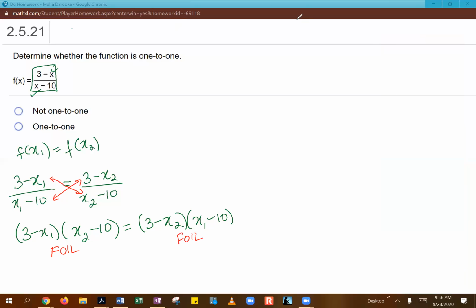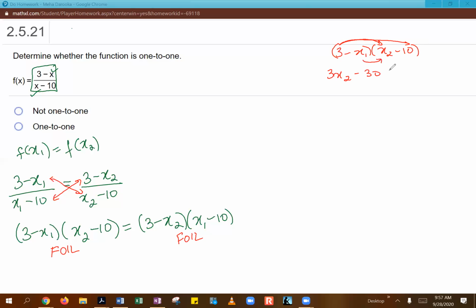Let's start with our left-hand side. For the left-hand side, we've got 3 minus x1 multiplied with x2 minus 10. Remember, that's first terms, so 3 times x2. The outer terms, that's 3 times negative 10, which becomes negative 30.